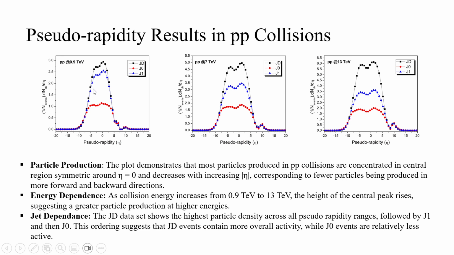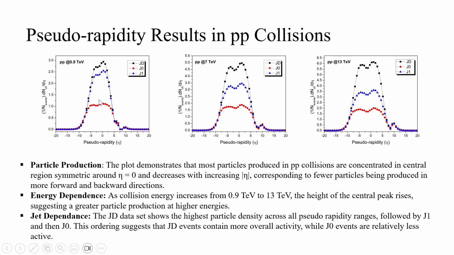Then there is a rapid decrease, meaning the density of particles decreases once you increase the value of eta, either in the forward direction or in the backward direction.